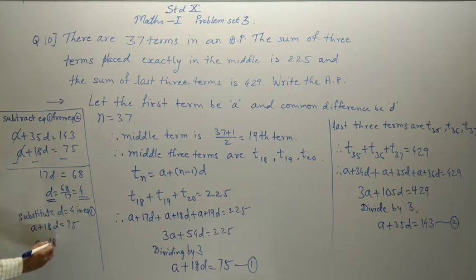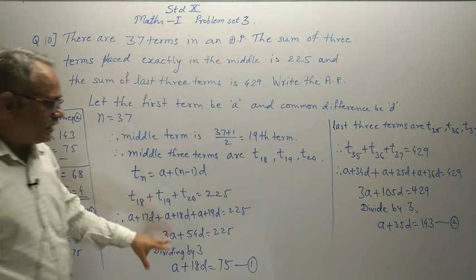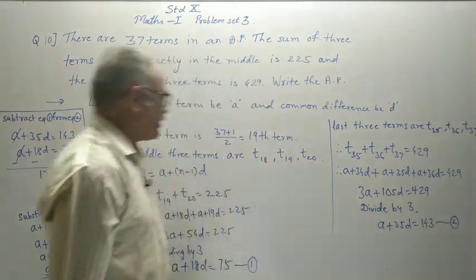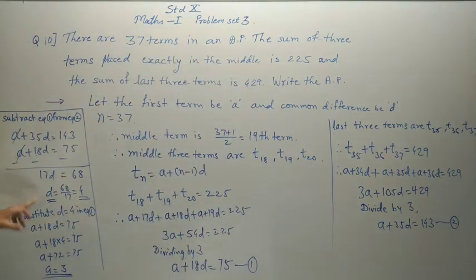A plus 18 into 4 is 75. A plus 72 is 75. So A is 75 minus 72. A is 3. Neatly write all this part first, then this, then using that we have obtained D and A. The answer is not yet over.